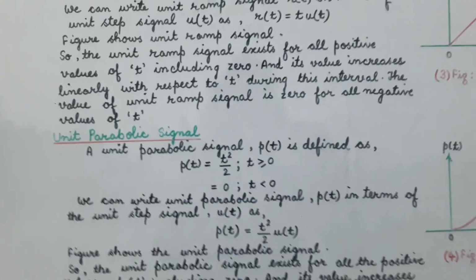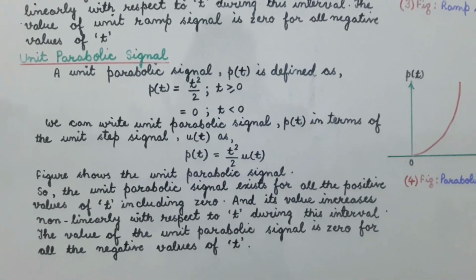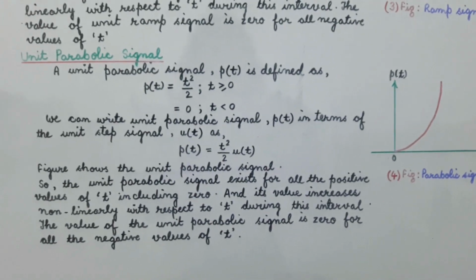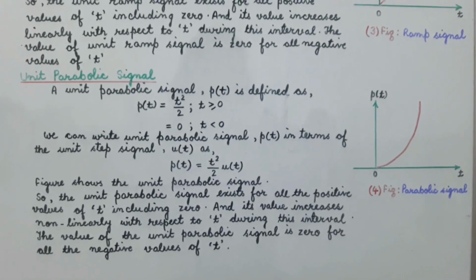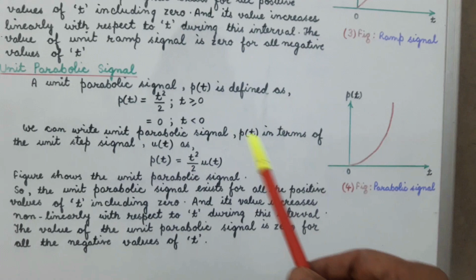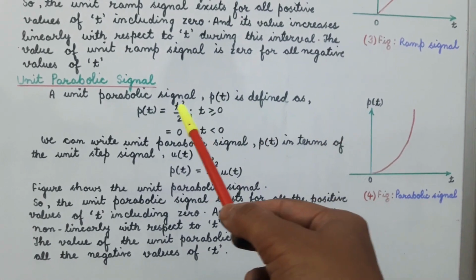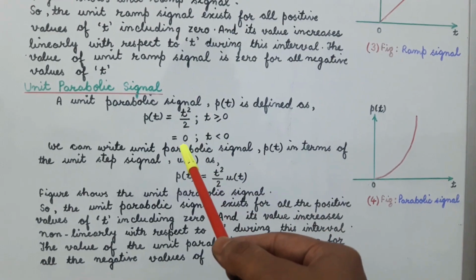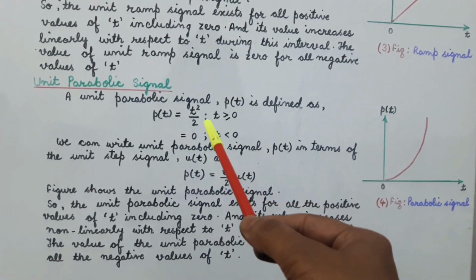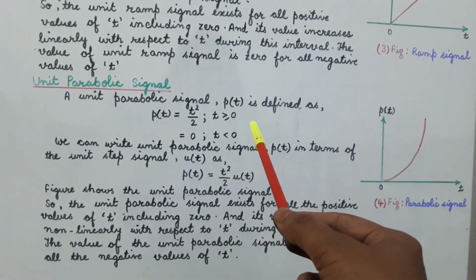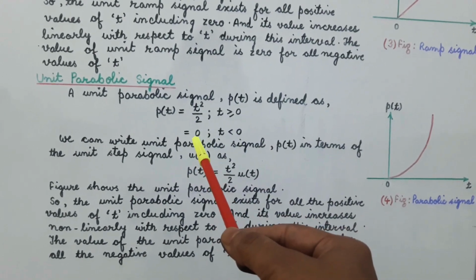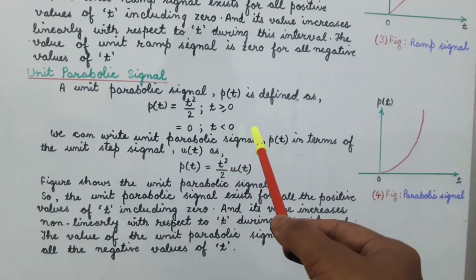The last signal which is used in control system is the unit parabolic signal. A unit parabolic signal is denoted by small p(t), and it is defined mathematically as p(t) is equal to t²/2 when the value of t is greater than equal to 0, and the value of p(t) will be equal to 0 for t less than 0.